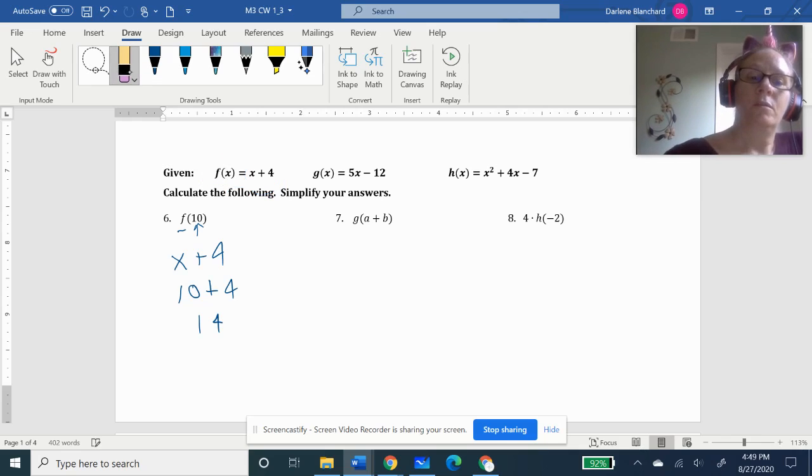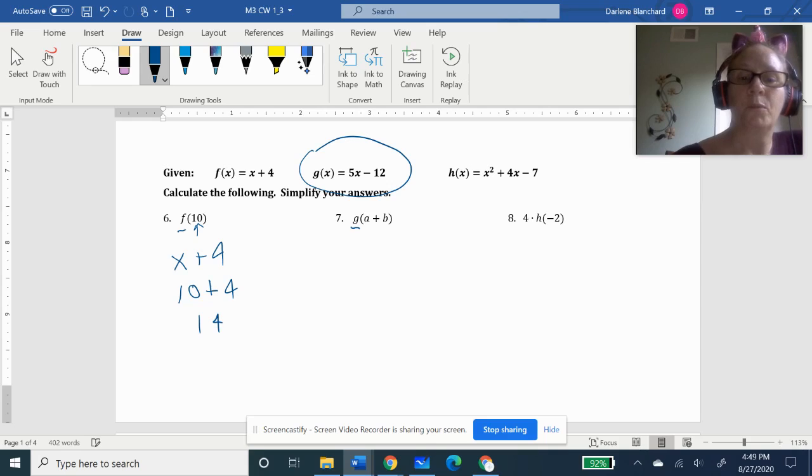For number 7, I want to look at the named function. It is g, so I'm going to focus here on g. And it has a plus b in parentheses there. So that means everywhere that the g of x has an x variable, I have to substitute a plus b.